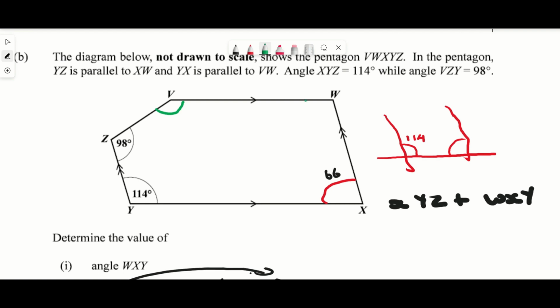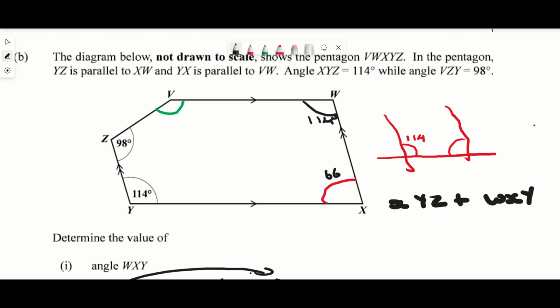So the total between this angle here in red and this one in black will be 180. And we already did the calculations. This here would be 114 degrees.